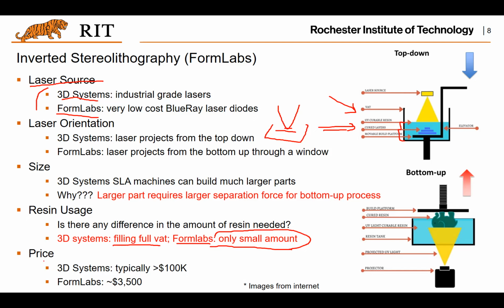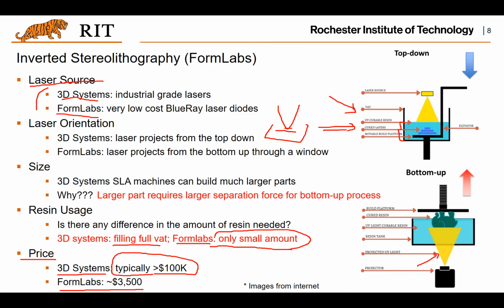No? Okay, good. Because of all these differences, the 3D Systems ones usually have a more expensive price, and the Formlabs one is more affordable. Another thing you might also need to keep in mind is the material, because of the process for this one. You need to scan through the resin and also the bottom of the tank. So the resin must be transparent, right?